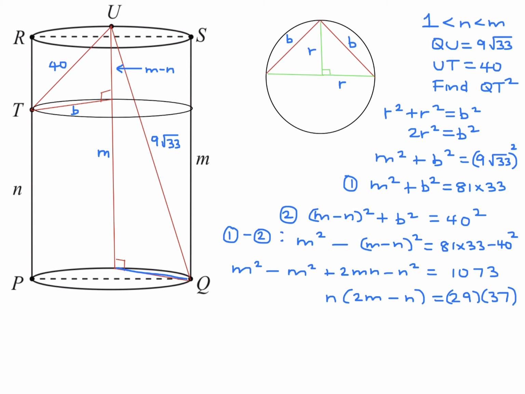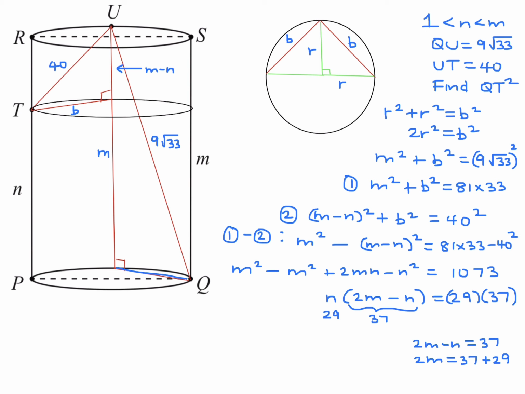Okay, so now, since we have two variables, we've got to do a little bit of a comparison here. If this is my n, then this would be my 2m minus n. So for example, if n is 29, then this would be 37. So let's see what we get. 2m minus n is 37, so 2m would be 37 plus n, which is 29.